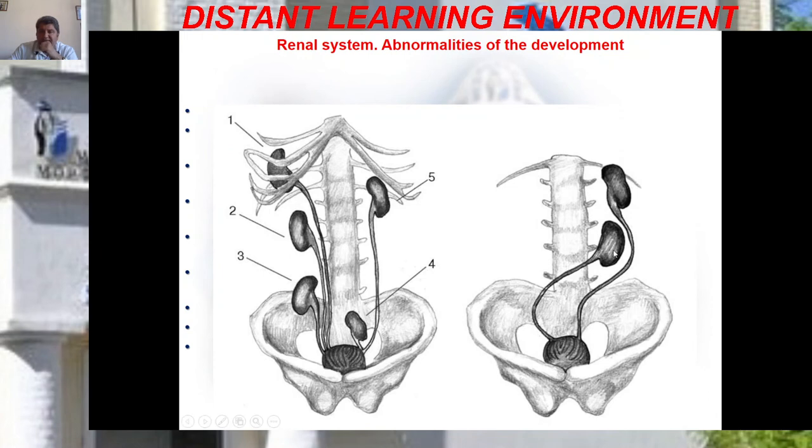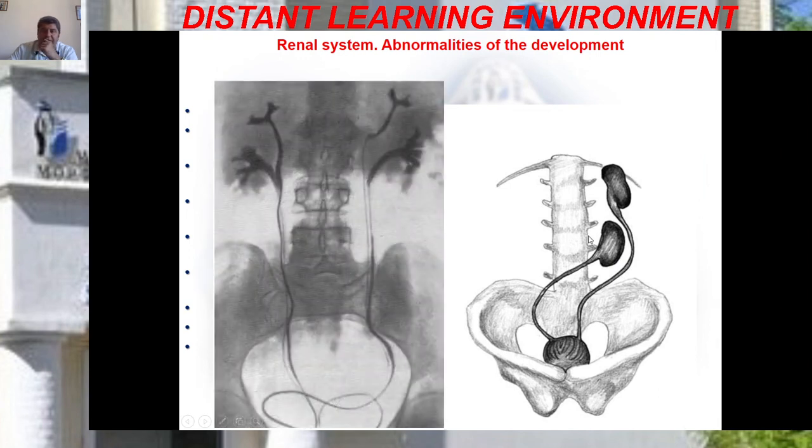Also, you may see transposition of one of the kidneys to the opposite side, and also you may see 4 kidneys here on this X-ray examination, 2 normal kidneys and 2 hypoplastic kidneys with ureters.